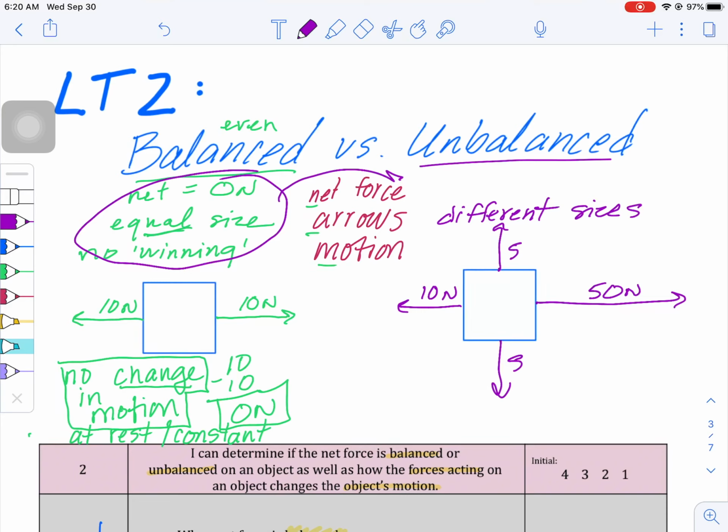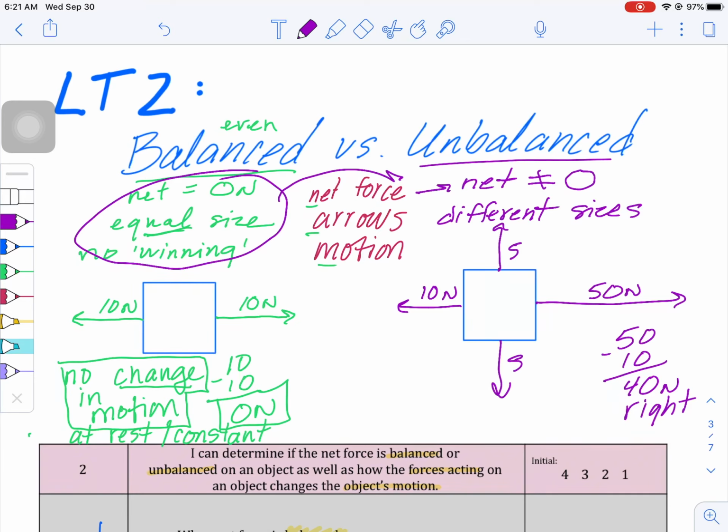So when we calculate our net force for this particular problem, we're looking at 40 newtons. And this one is moving to the right. So when we think in general about the net force of an unbalanced object, it's going to be any number but 0. Just anything but 0.